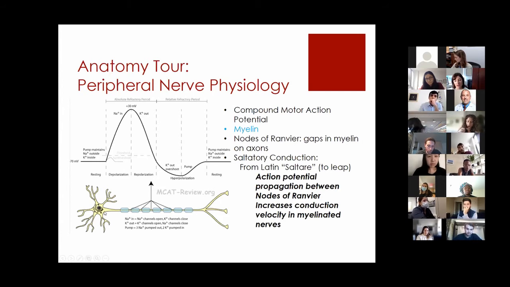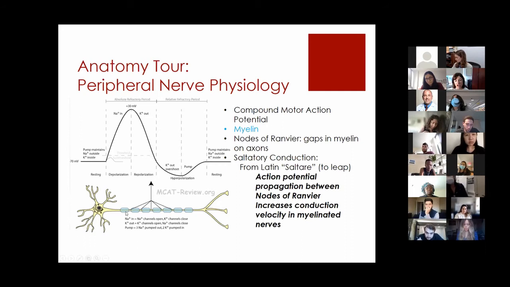Instead of the potential propagating down the entire length of the axon, it jumps between the nodes of Ranvier. Saltare is Latin, I guess, for to leap. This results in a faster velocity than we would see if the transmission had to occur continuously along the whole axon.